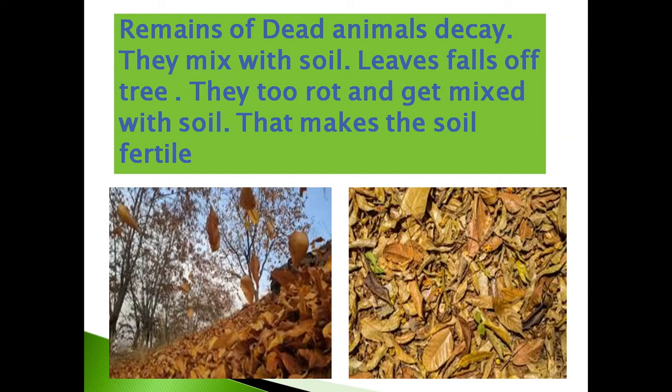Not only the dead animals, but also the leaves from the tree which fall and dry up, they also rot and get mixed with the soil and make the soil fertile, where we can grow crops. The soil gets the nourishment and becomes fertile.